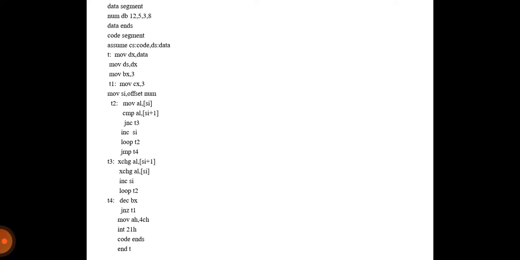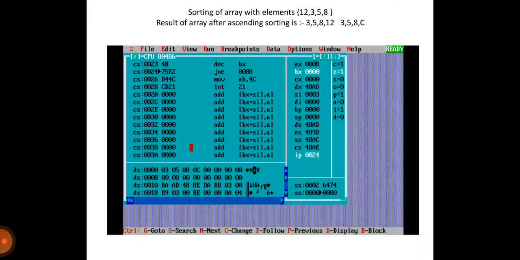If CX is 0, then jump to T4. In the T2 block you can observe jump T4, and in T3 also when CX is 0, then you can go to the T4 block. And what is the T4 block? Decrement BX by 1 and go to T1. What is T1? It means the next iteration of the outer loop.